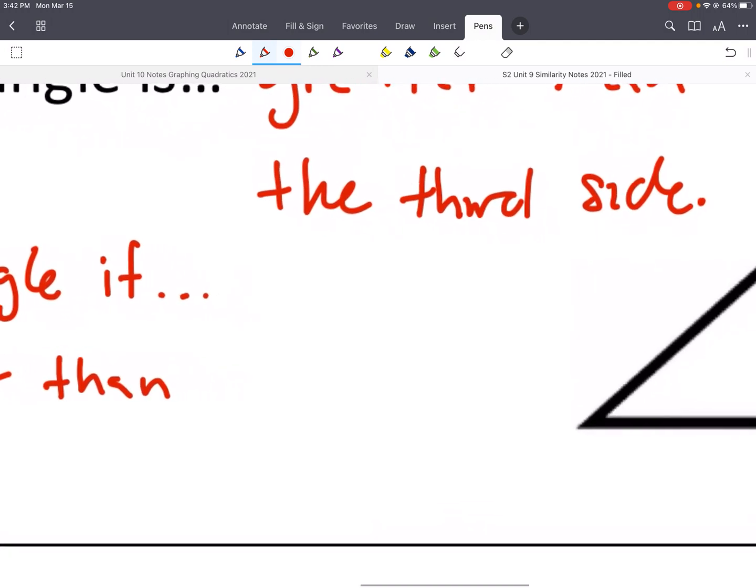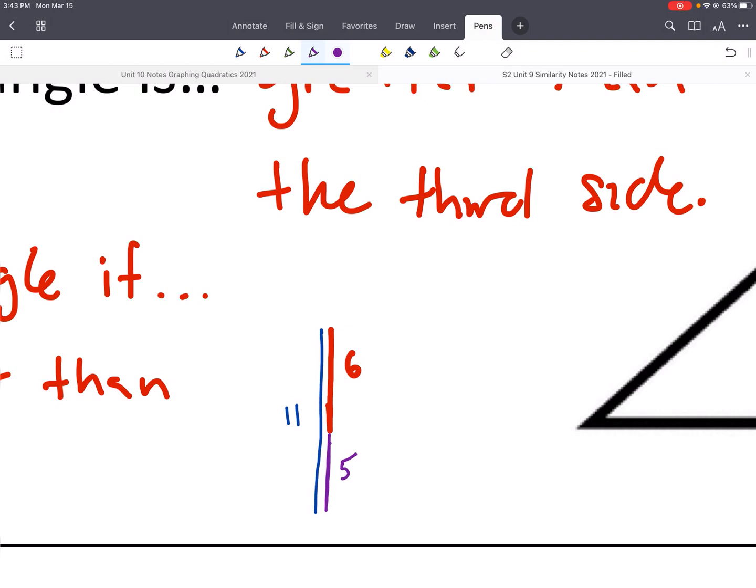And why? Let's look at a little situation. Say we have a side here that's maybe 11, and then we have another side here that's maybe 6. I guess maybe we'll make it a little longer. And then our third side is 5. Okay, so if the two smallest sides were the same length as the third side, then it would lay flat. It wouldn't have any area.